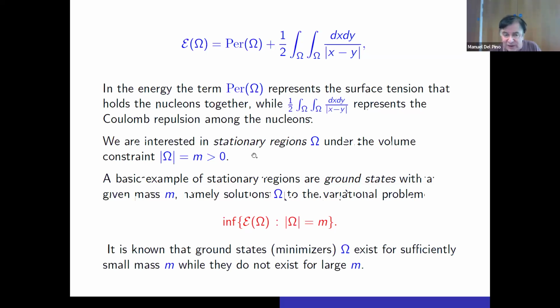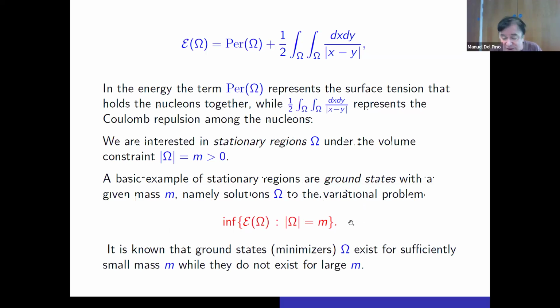What I would like to find are regions omega that are stationary or critical for this energy, when subject to the volume constraint. Let me give you an example. How can we find such critical points? The basic example would be ground states. What are ground states? For a given mass m, they correspond to solutions of the variational problem of minimizing the energy subject to the volume constraint m.